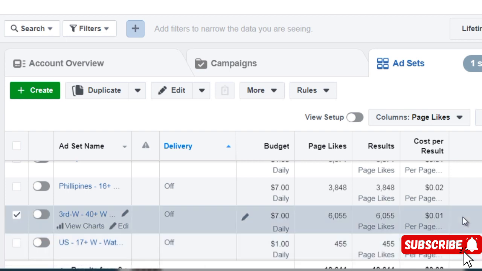Now, like I said, bear in mind that even though these are third world or even tier 1, 2, or 3 countries, or mostly tier 2 and 3 countries, the fact that they're targeted means that they are going to like, comment, and share the posts that are actually going to go up on the Facebook fan page. You see what I mean? So that's what is powerful about this, is you get the engagement aspect, which actually will help you in the long run.